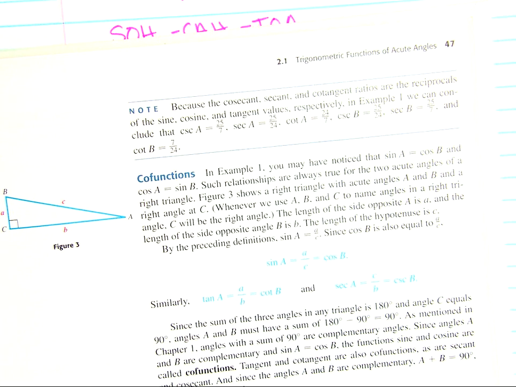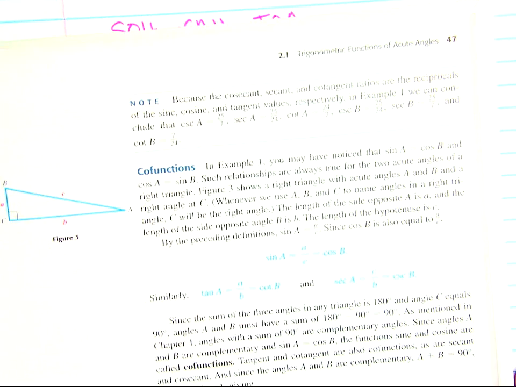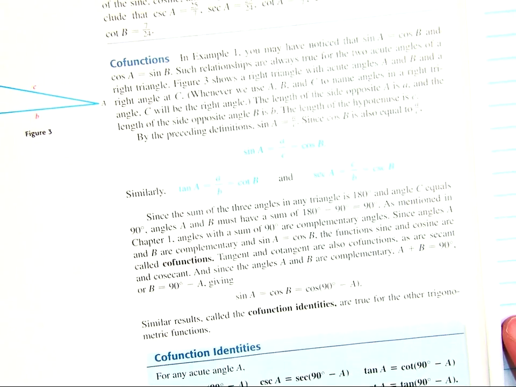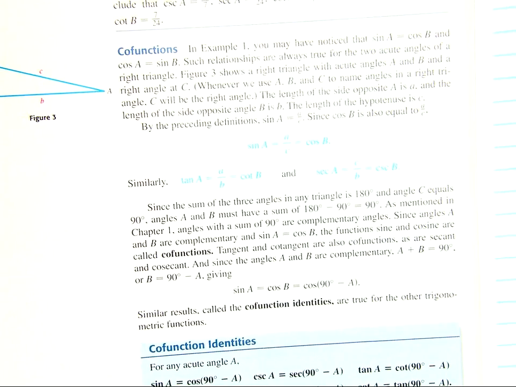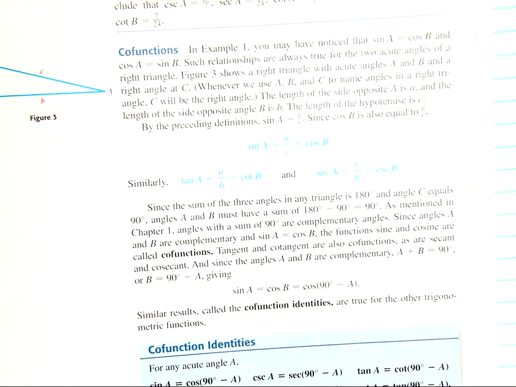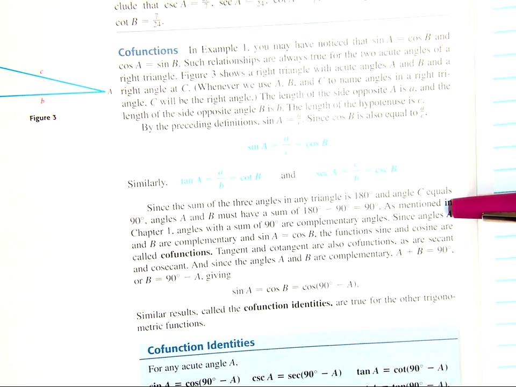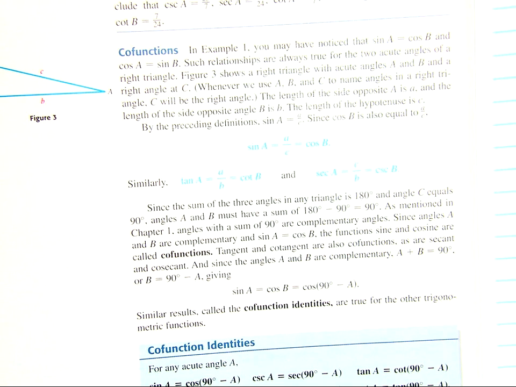Since A and B are technically what we would call complementary angles, in the second paragraph here: since angles A and B are complementary and the sine of A is equal to the cosine of B, the functions sine and cosine are called cofunctions. Tangent and cotangent are called cofunctions, and secant and cosecant are also called cofunctions.